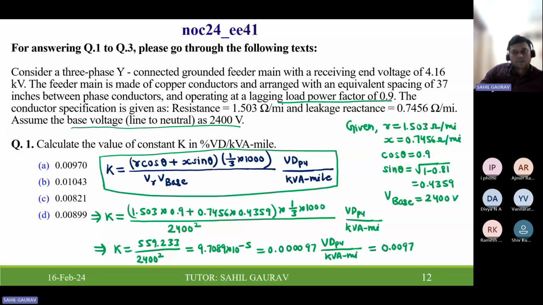Percentage voltage drop per kVA mile. Correct answer is A.